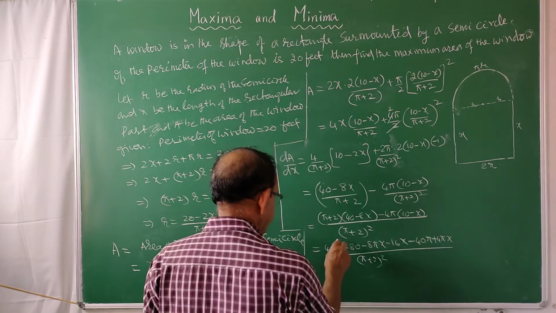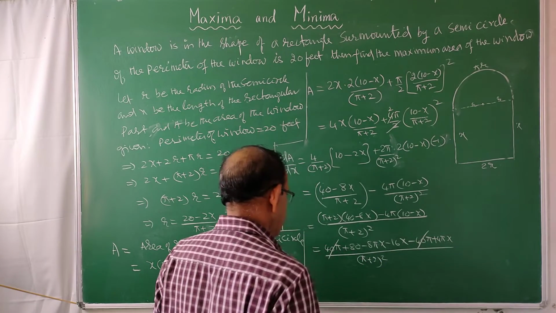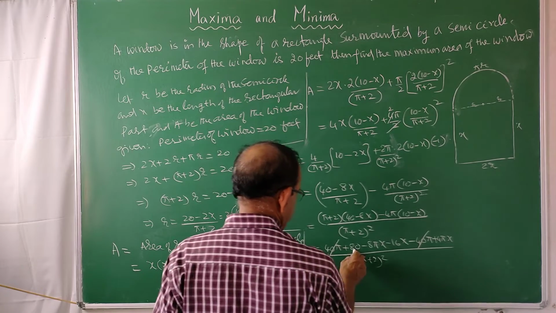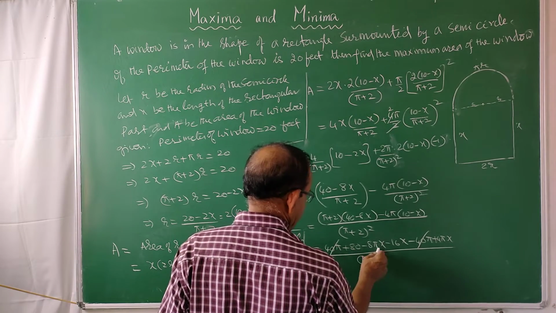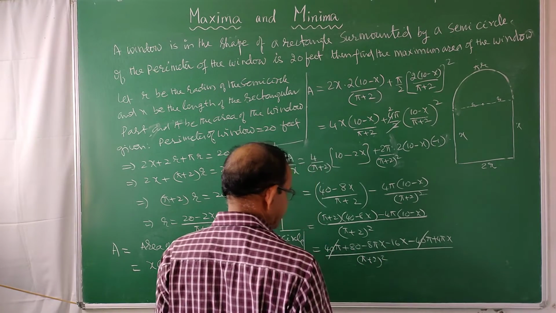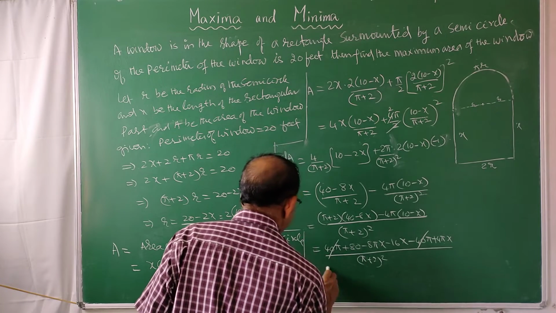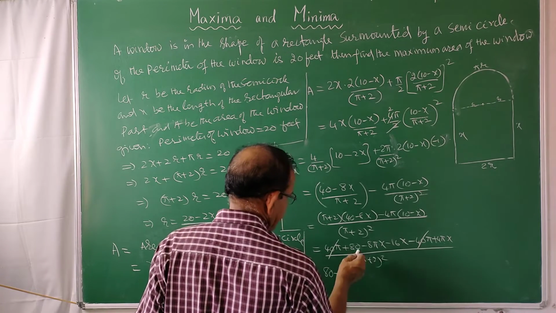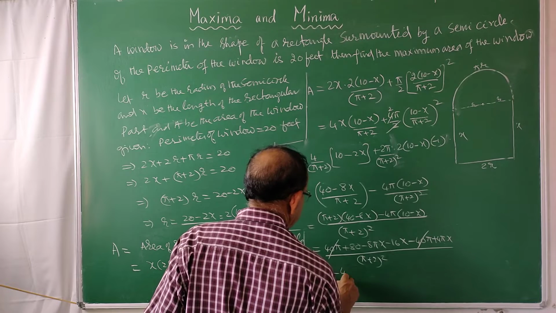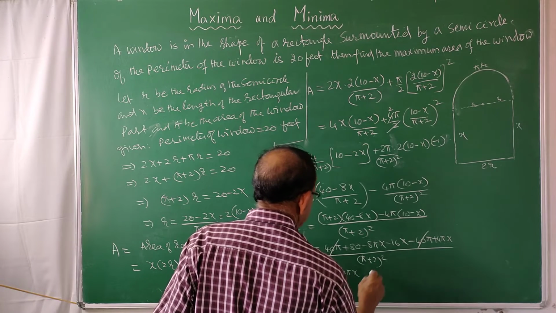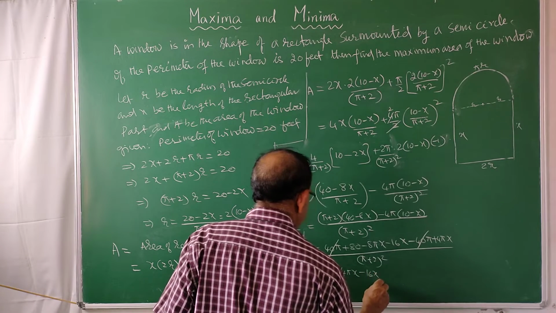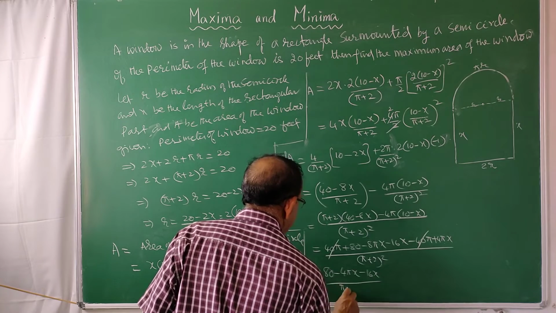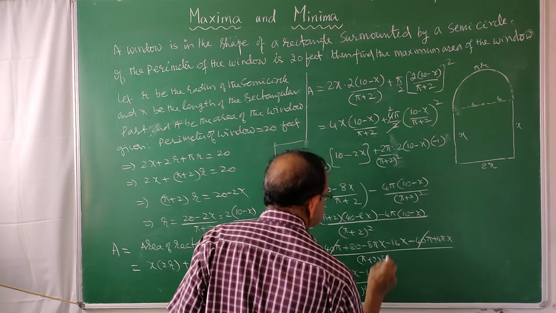Here 40 pi is cancelled, and 80 minus 8 pi x plus 4 pi x is minus 4 pi x. So that is 80 minus 4 pi x minus 16x by (pi plus 2) whole square.